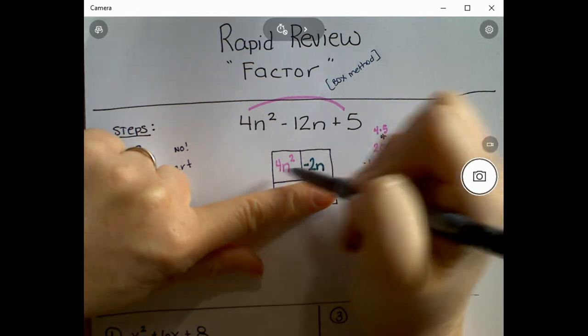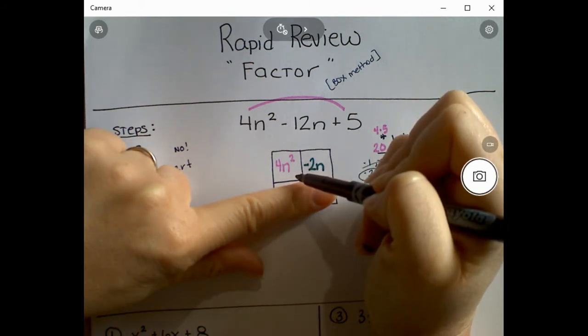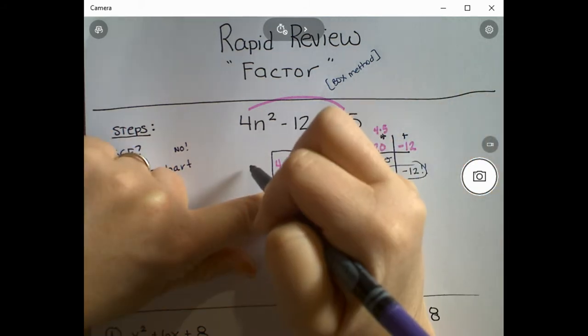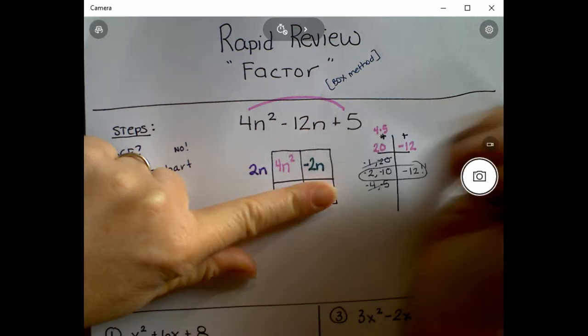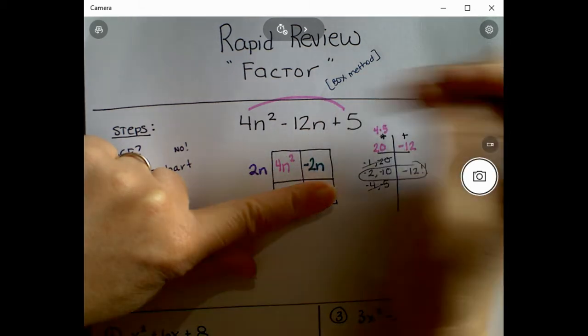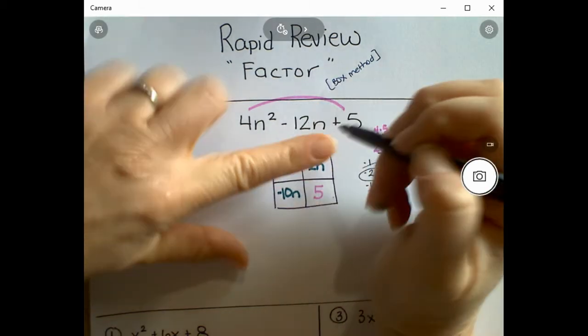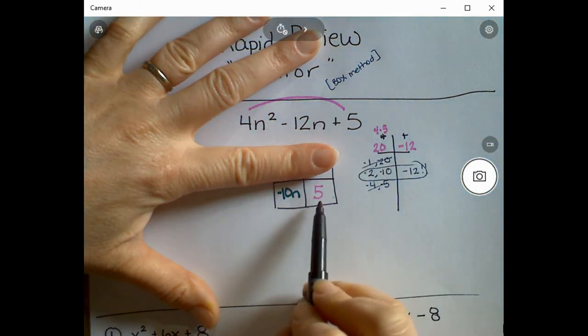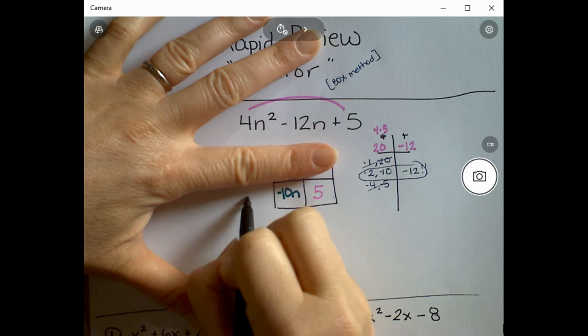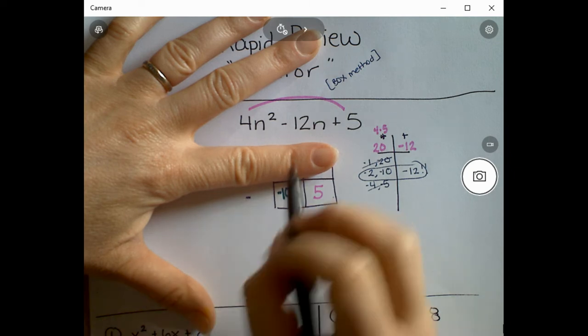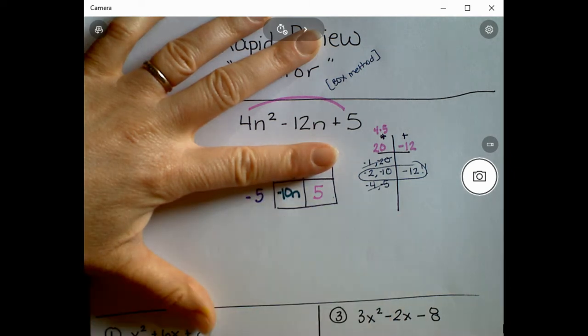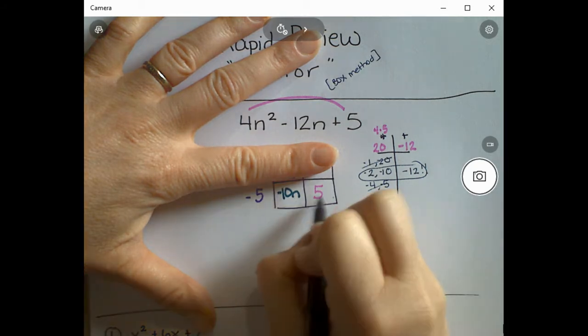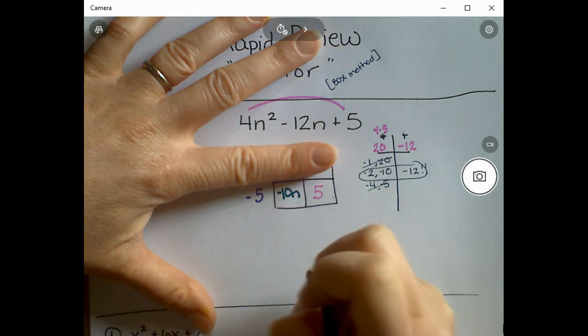What is the GCF of 4n squared and 2n? 2n. Okay. What is the GCF of negative 10n and 5? Since the first term is negative, we're going to put a negative, and both of them can be divisible by 5. We don't have an n because this one doesn't have an n.